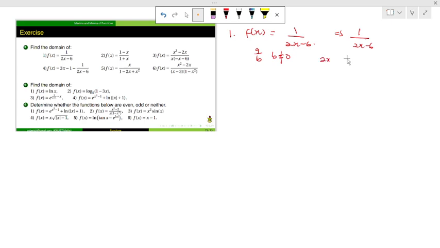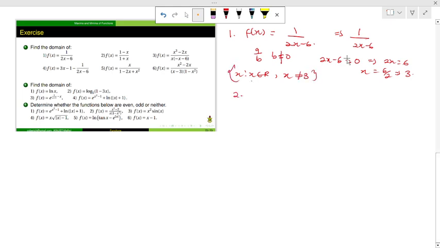Hence, I'll write 2x minus 6 and I'll equate it to 0 to get the term that will make this function undefined. Here, when I solve, I'm going to get 2x is equal to 6. x is equal to 6 over 2, which is the same as 3. Okay. So now x is equal to 3, meaning that my domain is x is such that x is a member of all real numbers where x is not equal to 3. That's all.